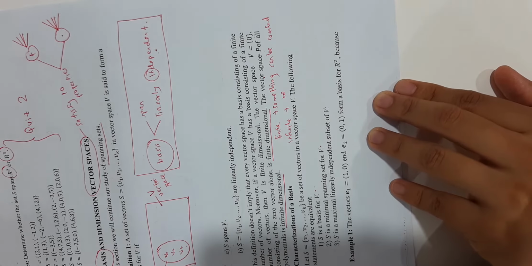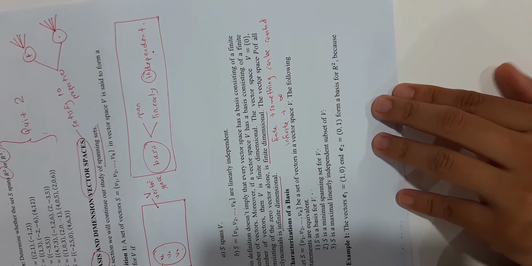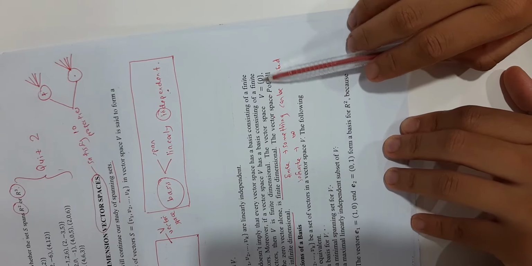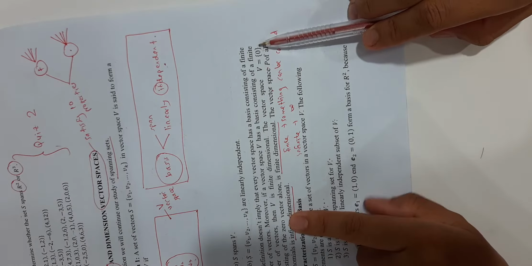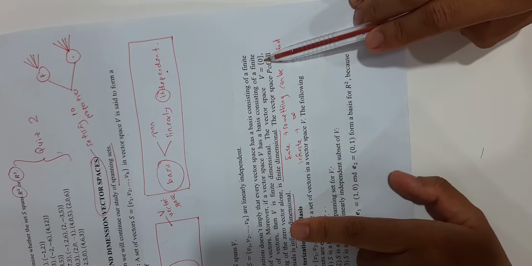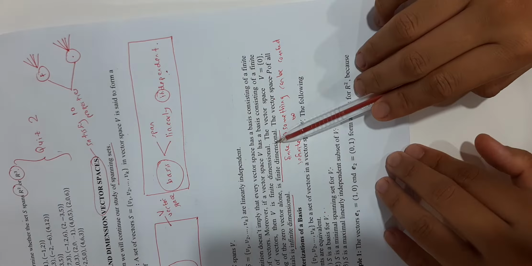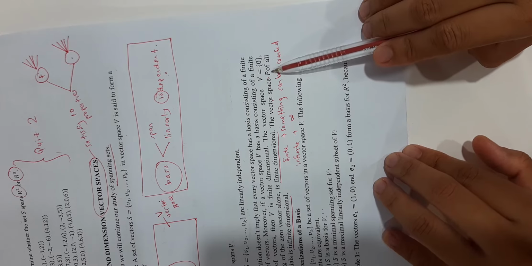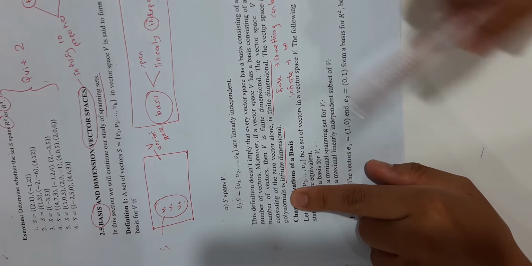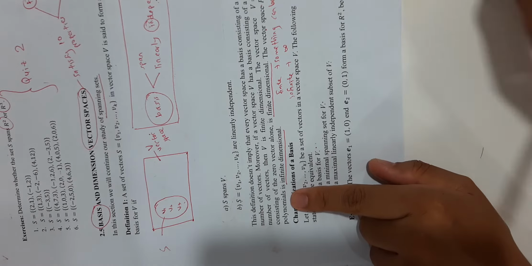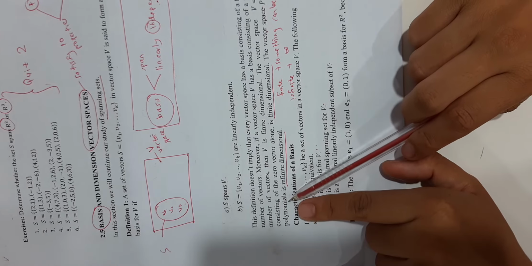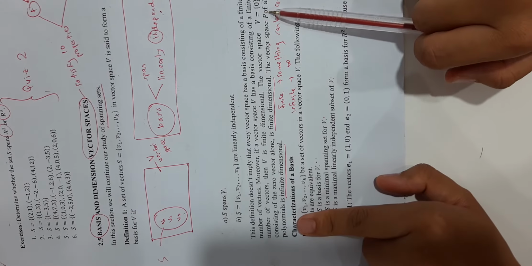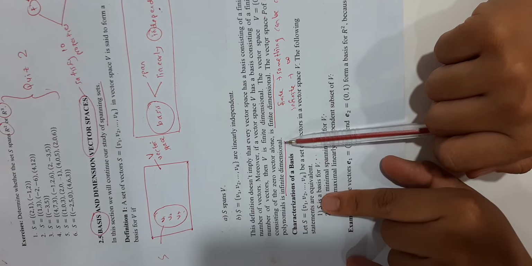So the vector space V equal to 0 has only one vector, 0 alone, inside, which means you can count it, so it is finite dimensional. Whereas for the vector space P of all polynomials, there are so many polynomials: x plus 1, x plus 2, x plus 3, x squared plus x plus 1, and so on. For that reason, the vector space P is known as infinite dimensional.